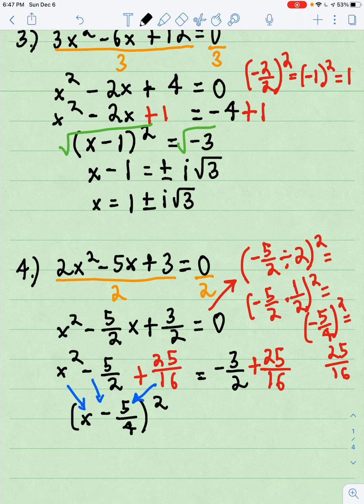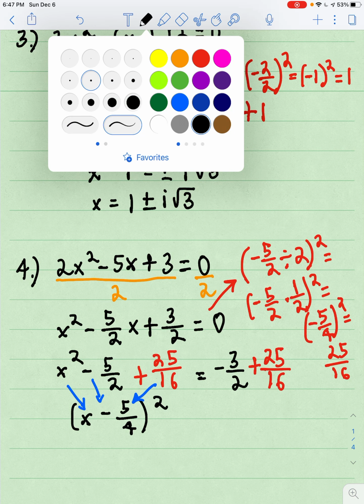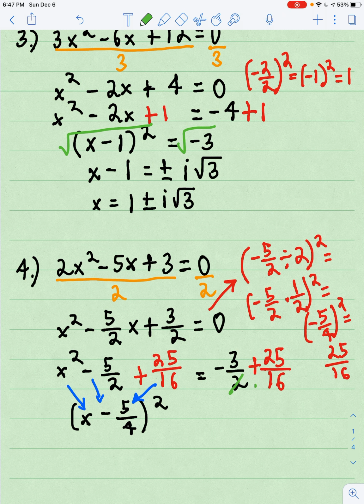And then on the right side, we are going to need to get a common denominator, which will be, oops, not 8, but 16. We've got to multiply by 8, which means that's really negative 24. So when we add, that becomes 1/16. So now we need to take the square root of both sides.